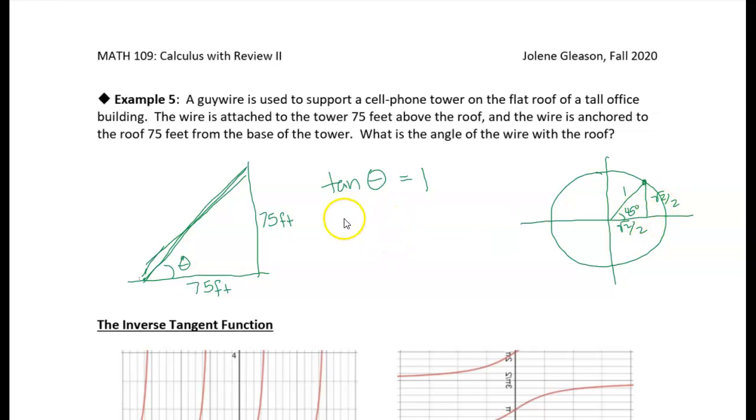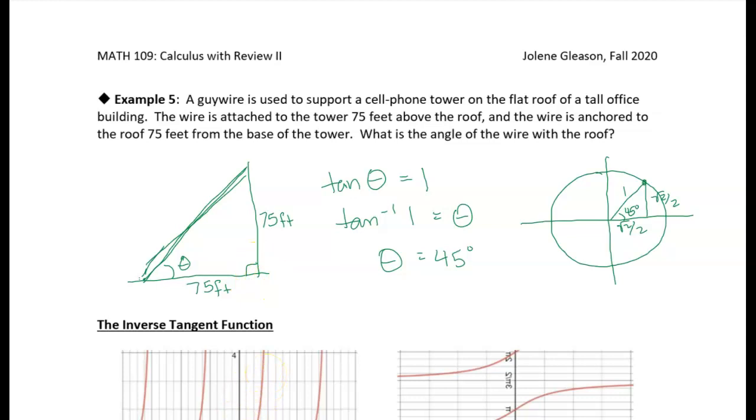And the tangent inverse of 1 gives us our angle. So now we've introduced the inverse tangent, and we know that that angle is 45 degrees, based on our unit circle, or just the knowledge that this has to be an isosceles right triangle because the two sides are equal, right? This is a right triangle.